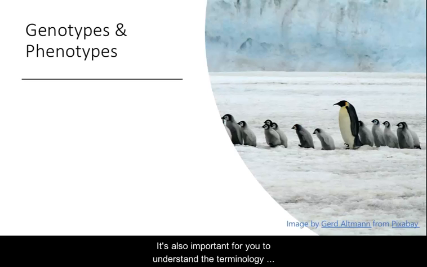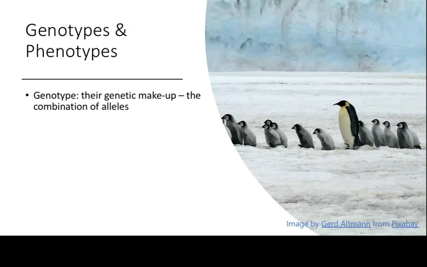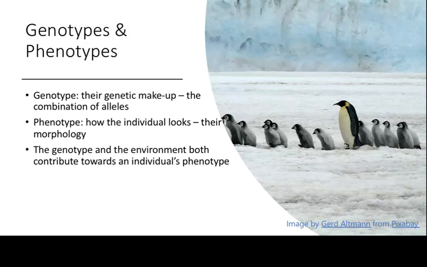It's also important for you to understand the terminology associated with genotypes and phenotypes. A genotype is the genetic makeup or combination of alleles of an individual. A phenotype is how the individual looks, their morphology, how they're shaped, what color they are. Both the genotype and the environment contribute towards an individual's phenotype.